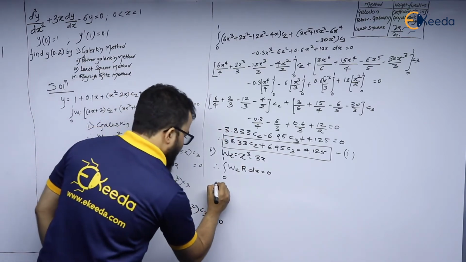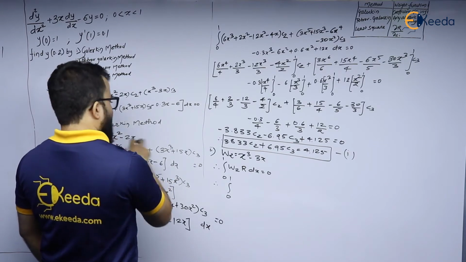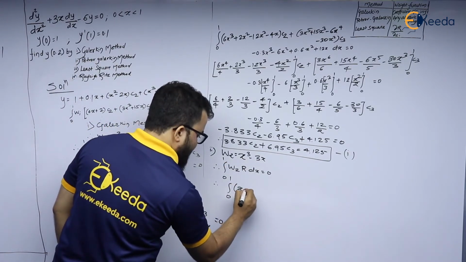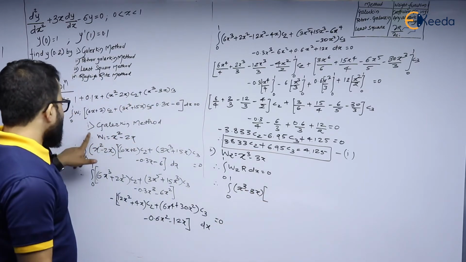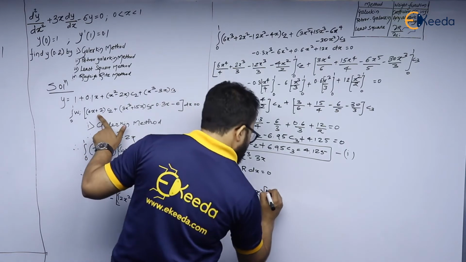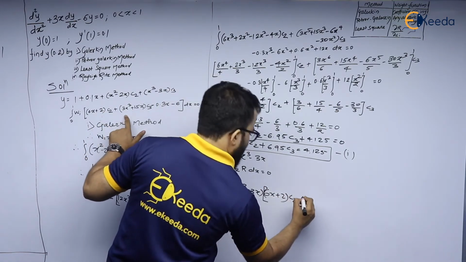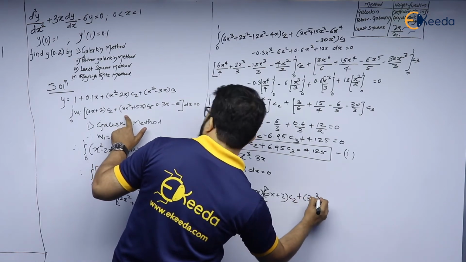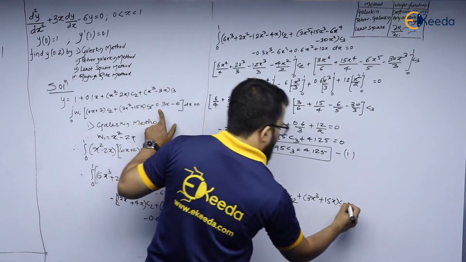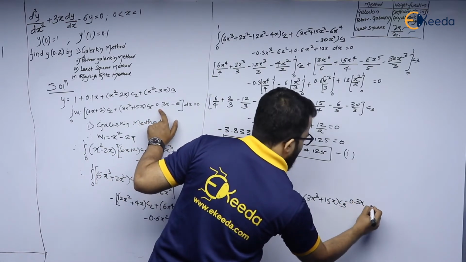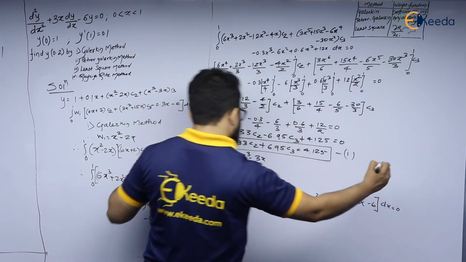So this becomes 0 to 1, W2, which is nothing but x cube minus 3x, into R. So R is nothing but our residue, which is nothing but 6x plus 2 into C2 plus 3x cube plus 15x into C3 minus 0.3x minus 6 dx is equals to 0.